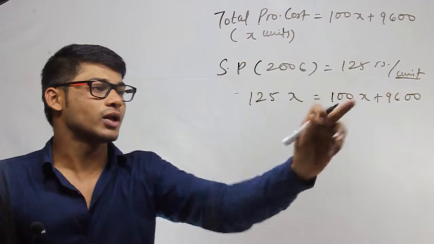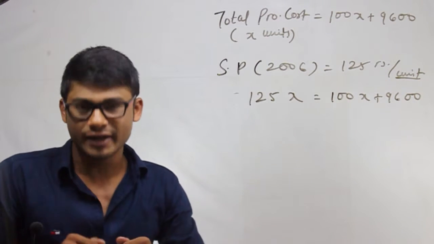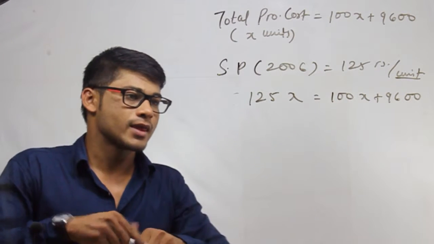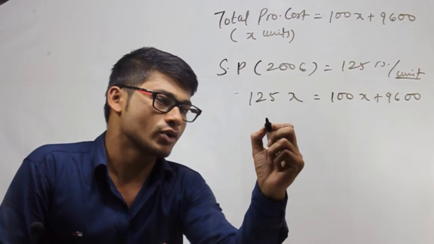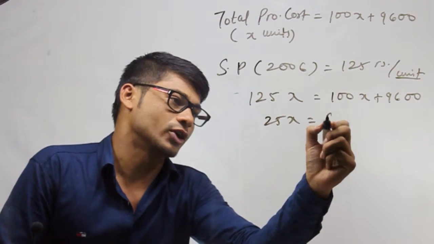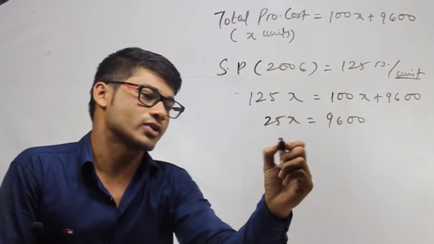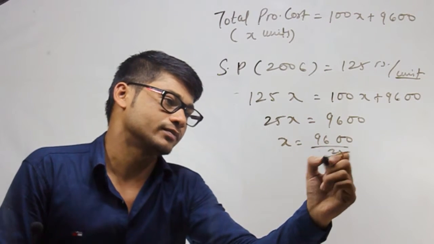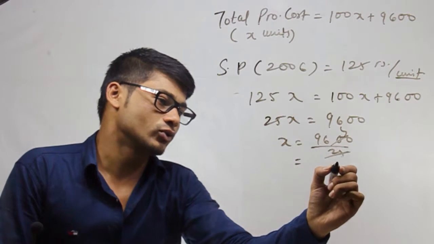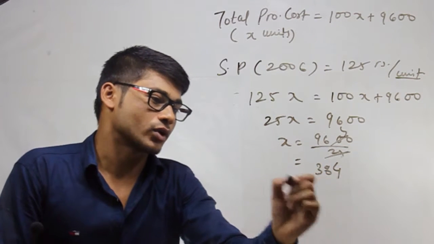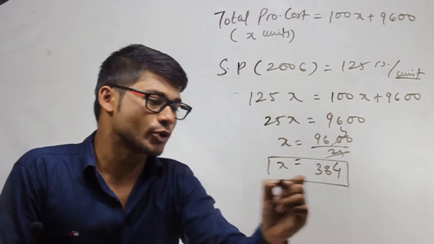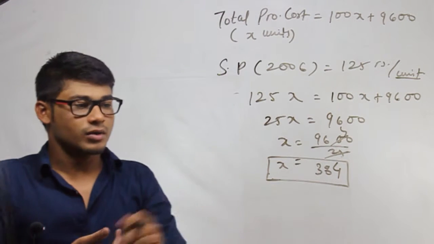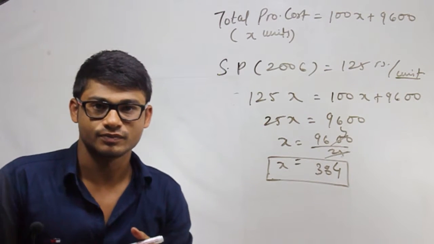These both will be equal if I don't want to incur any loss. So 25x is equal to 9600, so x will be 9600 upon 25. This will be equal to 384, which means the company needs to produce 384 units to avoid any losses.